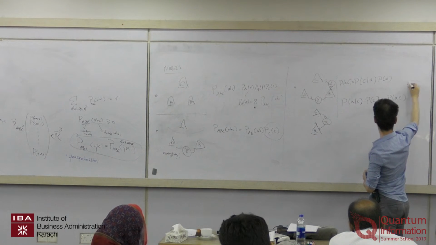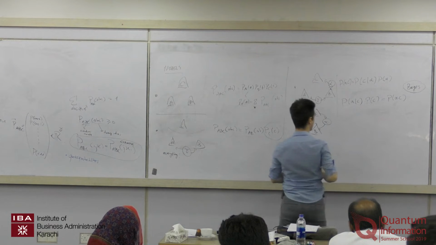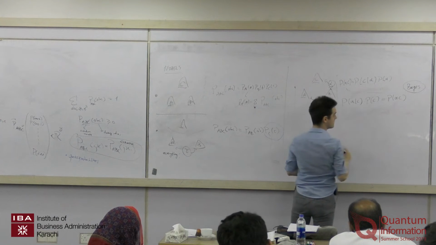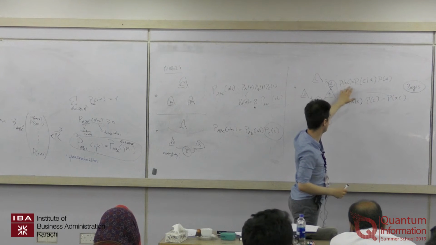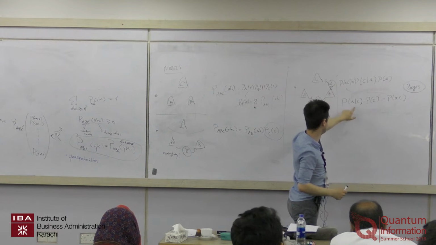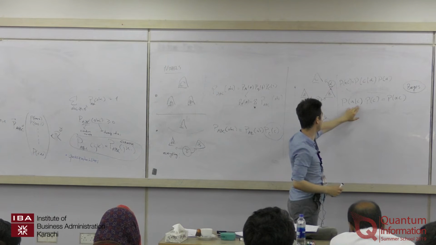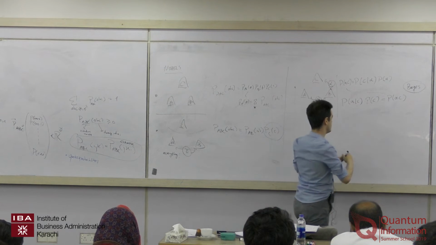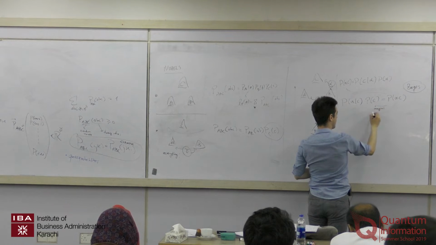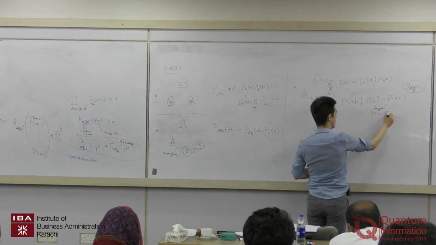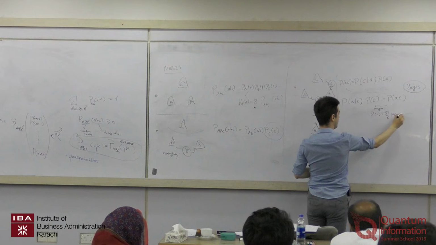This is just Bayes everywhere there. So now I can relate those two things. If I have a joint distribution of alpha and C, I can find a P(C) and a P(alpha given C). But this is just the marginal: P(C) equals the sum over alpha of P(alpha, C).